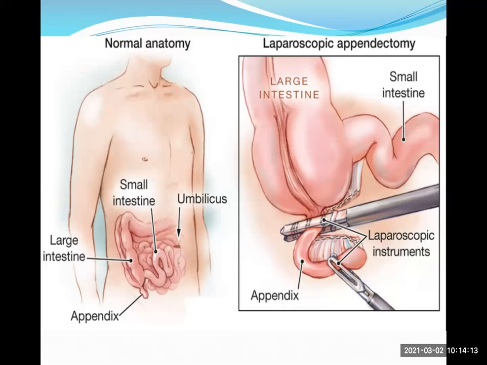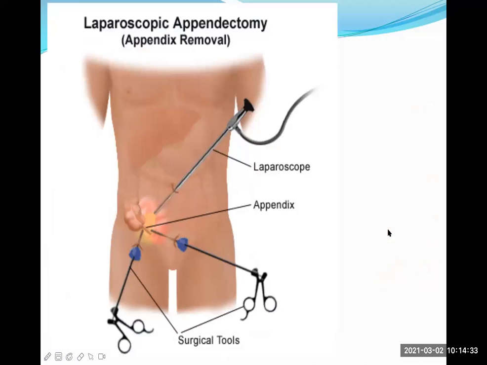My answer is in the early cases of appendicitis, before it is ruptured, laparoscopic appendectomy is the best. After the appendix gets ruptured, we need to open the abdomen and wash out the peritoneal cavity, so this is not a good way of doing surgery. Now, see there, these are the different surgical tools in the case of laparoscopic appendectomy.